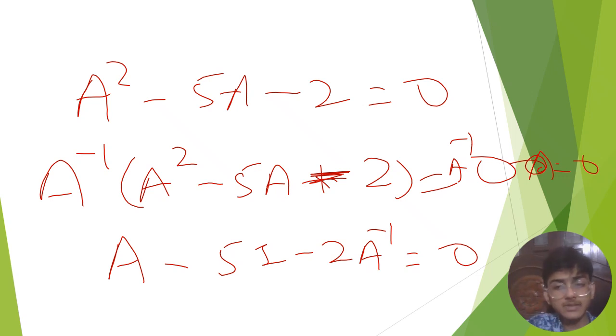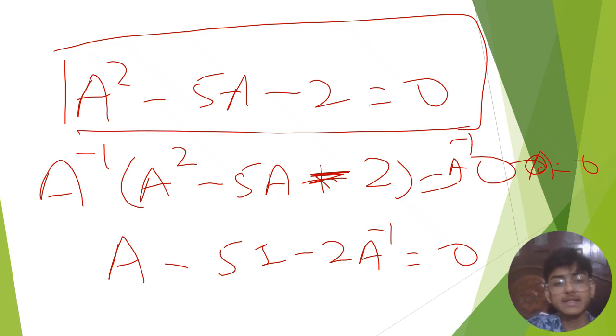When you take the determinant, you will get a quadratic equation, and in that quadratic equation you have to use the concept that every matrix satisfies its characteristic equation, that is, the characteristic equation which you got. Now when you satisfy it, it will look like this. After that, if you need to find A in terms of A inverse, then you can go this way. So it's quite easy and a quite practical approach.